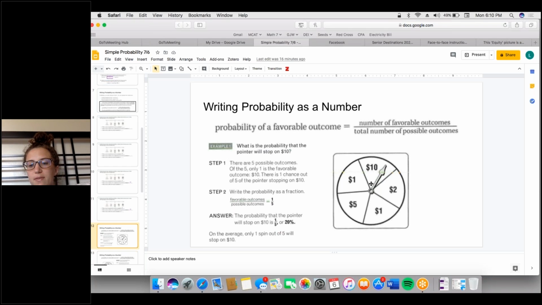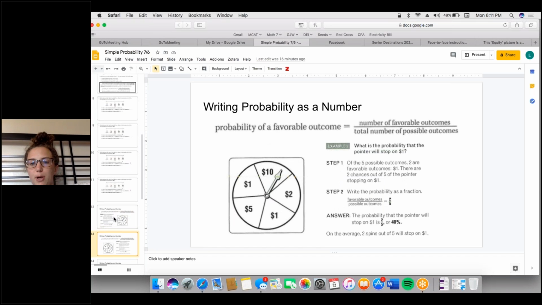Now that I have those 2 pieces of information, I can put that together as a fraction, where the number of favorable outcomes, that was 1, because only one section had a 10 on it, over the number of possible outcomes, that was 5, because this was split up into 5 pieces. So we turned that into a fraction, and we got 1/5. And you can write that as a fraction, like 1/5, or the equivalent percent, which is 20%.